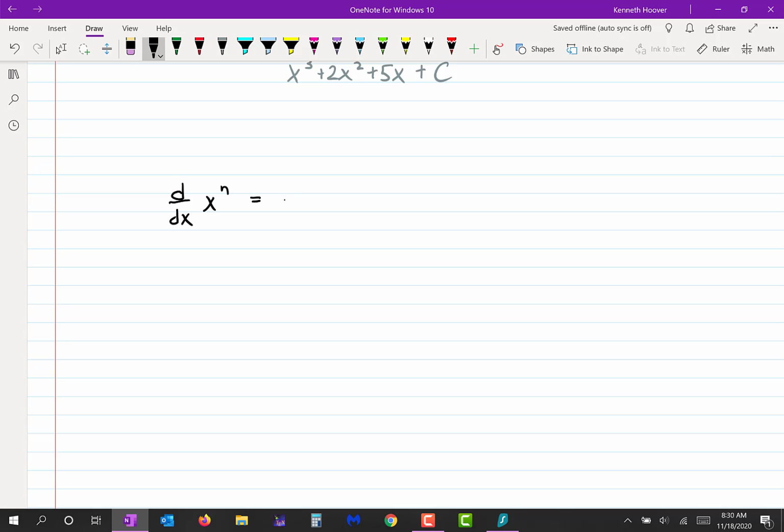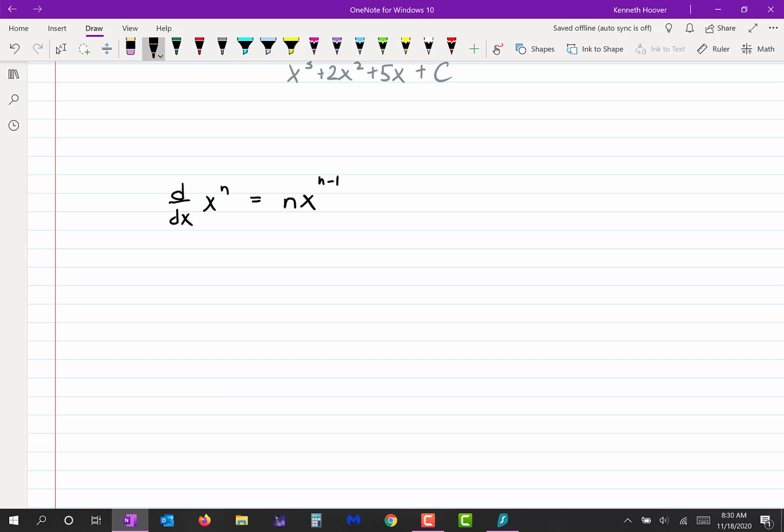Well, you know that it's n times x to the n minus 1, right? That's how you do the derivative of x to the n. You bring the exponent down and put it in front, and you subtract 1 from the exponent, right?